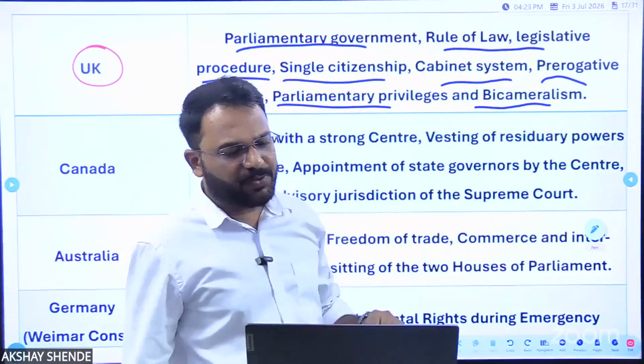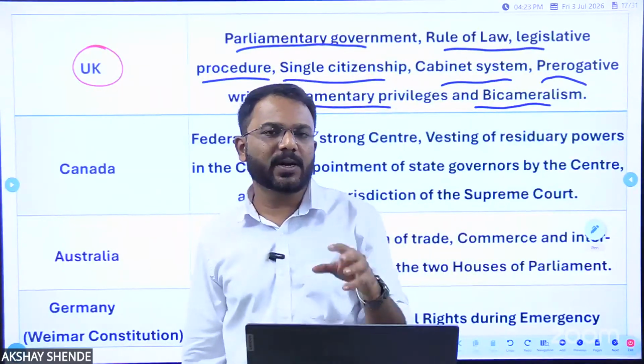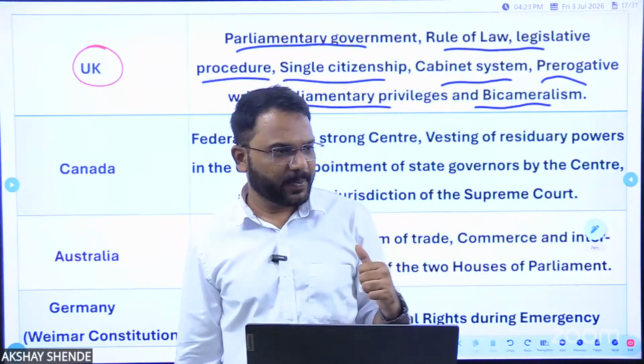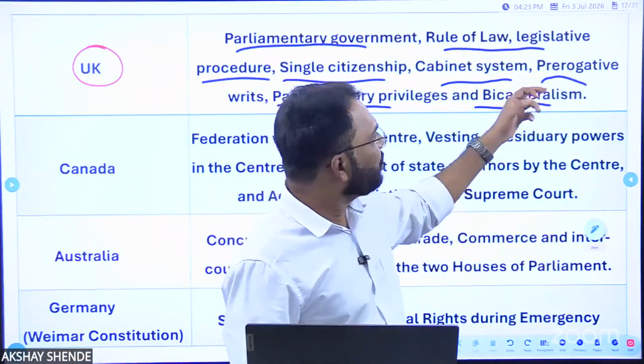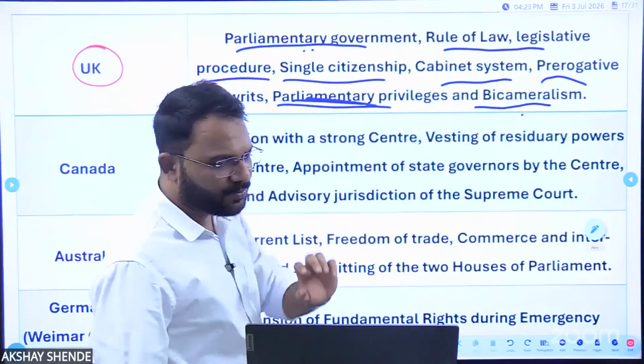If you read it again and again, you will come to a conclusion that most of the parliamentary features we have taken from United Kingdom, be it bicameralism, legislative procedure, parliamentary form of government, or parliamentary privileges.